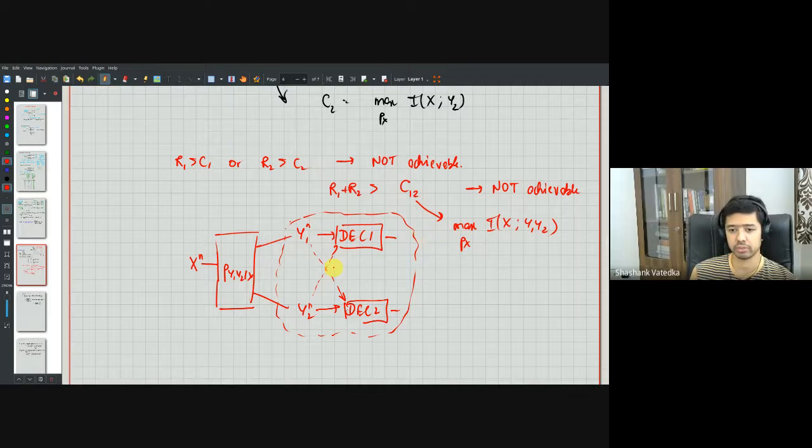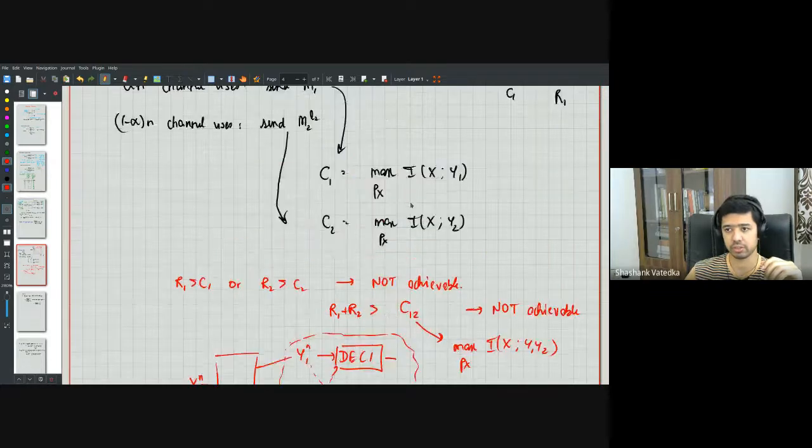This corresponds to the case when you have a single receiver which observes both y1 and y2 and tries to decode both of the messages together. If the combined decoder cannot decode something reliably, then obviously if you separate the decoders, it's impossible to decode reliably. Right? So certainly any rate pair which satisfies this is not achievable.